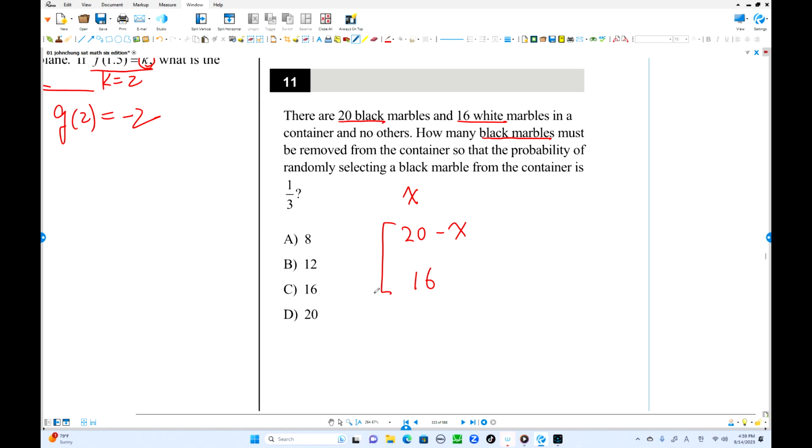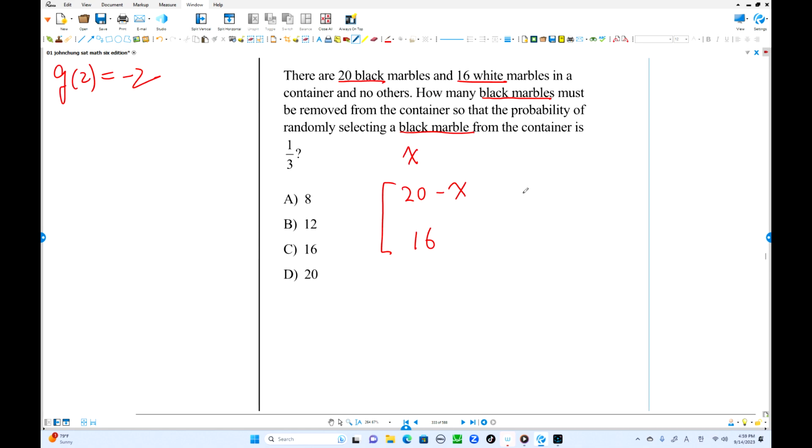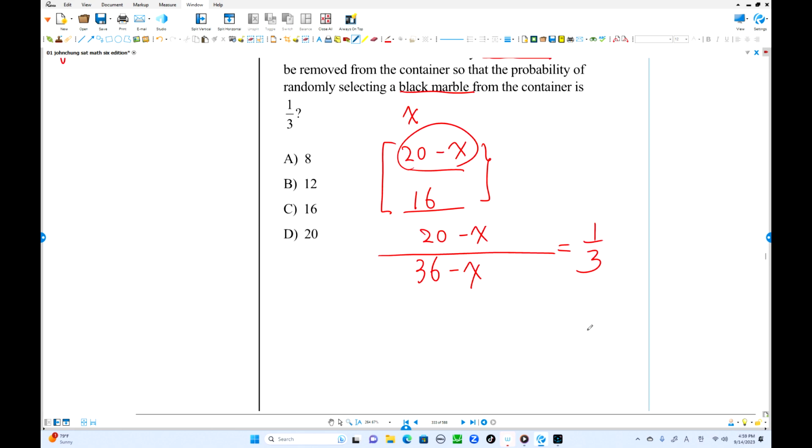The probability, when you choose one, should be black. The total number of marbles is 20 plus 16, 36 minus x, right? The sum of these is the total number. But how many black are there? Now black is only 20 minus x. That is the chance of black over the total number of possible marbles. That is going to be 1/3, right? You have to solve this.